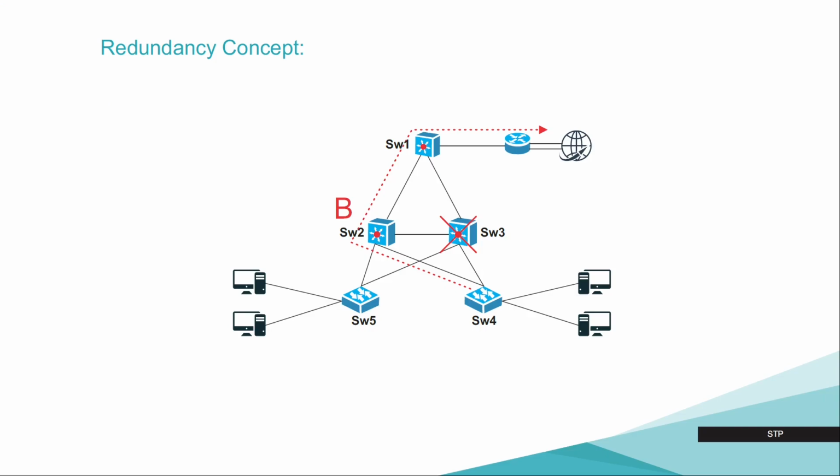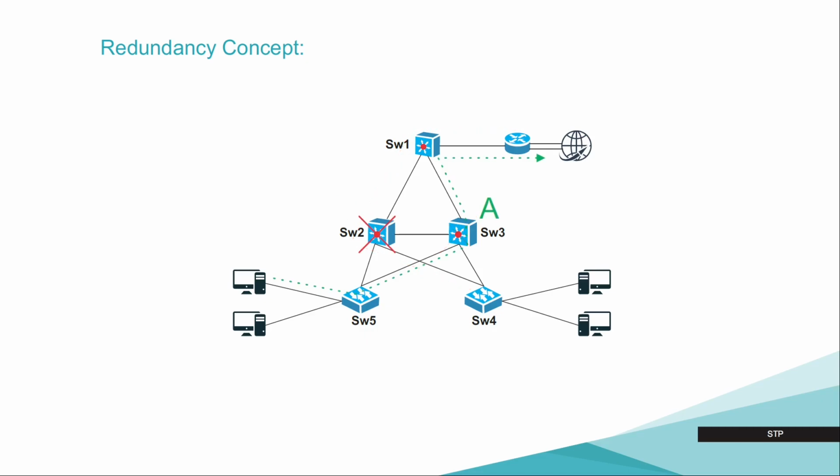If switch 3 goes down, our data can still go through path B in order to reach the internet. This is for the devices that are connected to switch 4 and switch 5. Switch 5 can also use the link between switch 5 and switch 2 in order to forward the data.